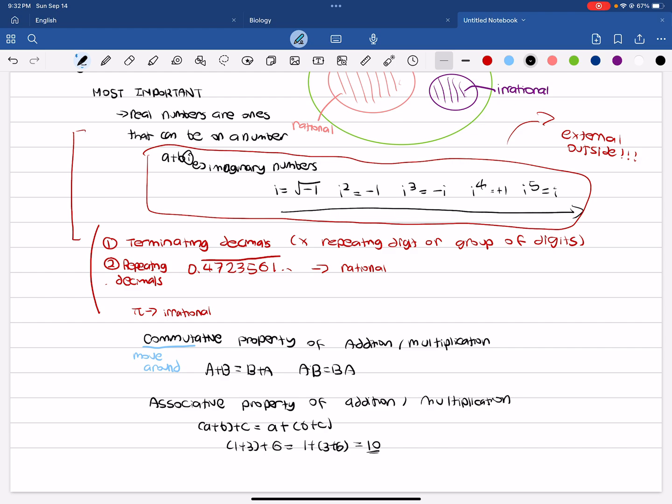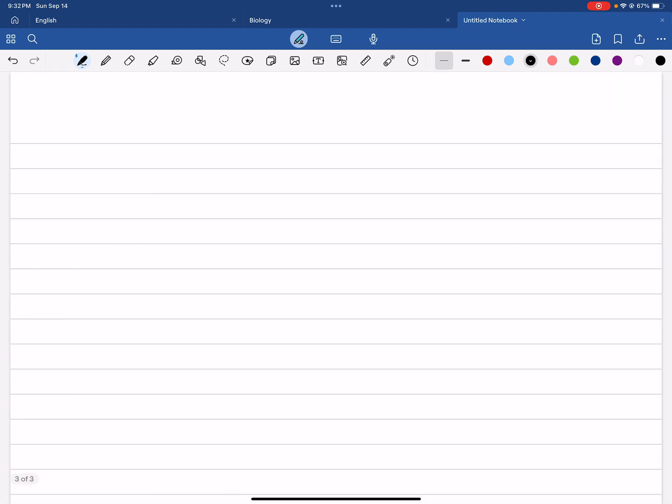The next one is about the distributive property of multiplication over subtraction. Let me just write that down. Distributive property of multiplication over subtraction.